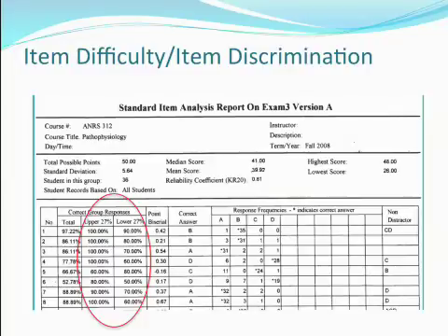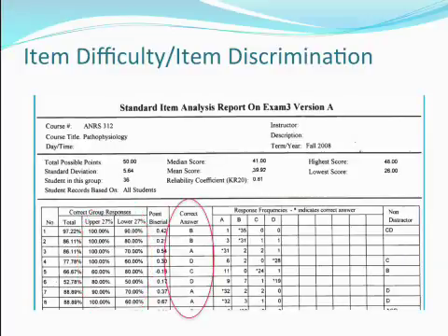If we look at an example, question item number 5, we see that 66.67% got it correct. Our p-value is 0.67. We can see that 60% of the upper 27% of the class got it correct, and 80% of the lower 27% of the class got it correct.